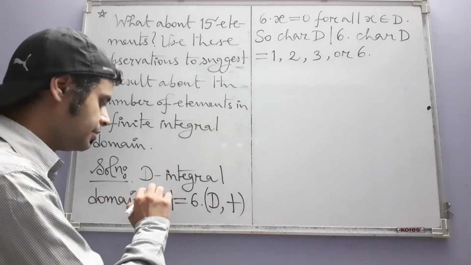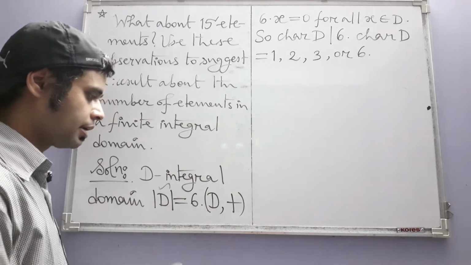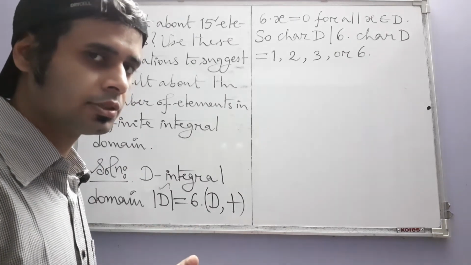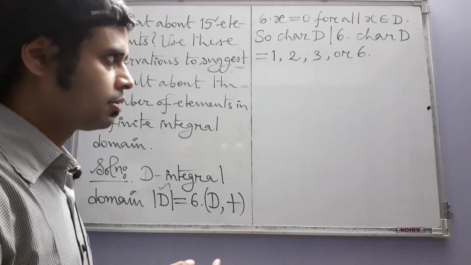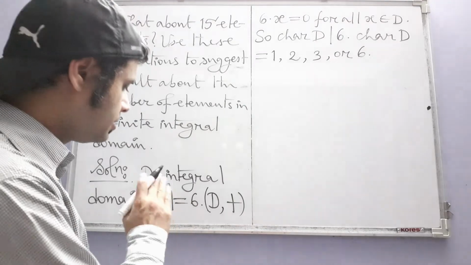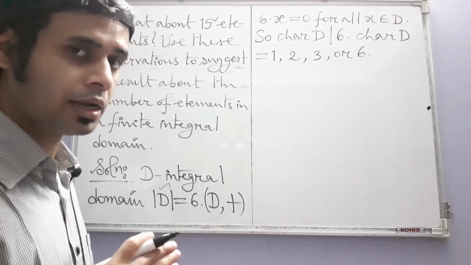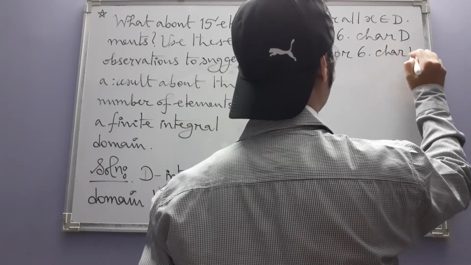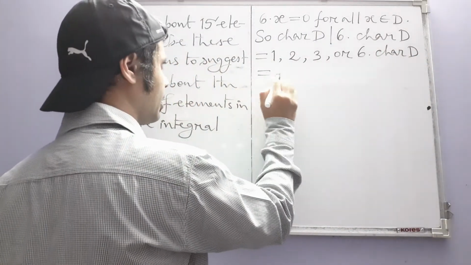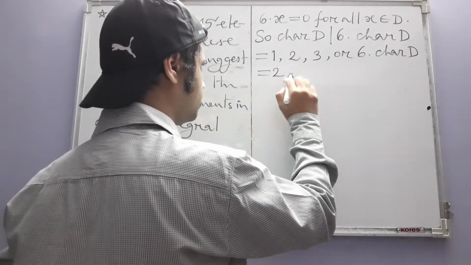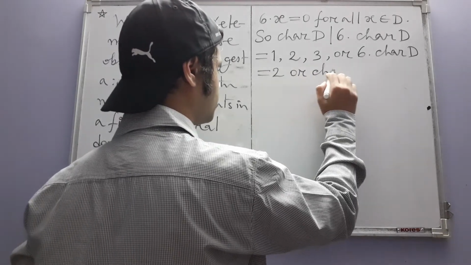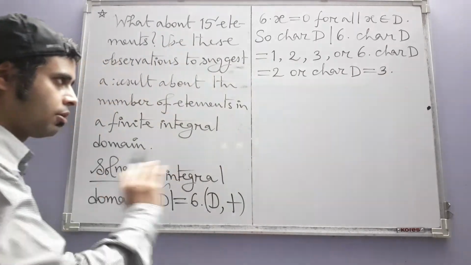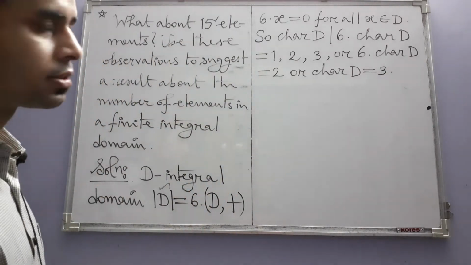However, D is a finite integral domain, and we already have proved in one of the theorems that we see in this chapter that this characteristic in fact has to be a prime number. So that's why the characteristic of D either has to be equal to 2 or it has to be equal to 3. It cannot be 1 or 6.